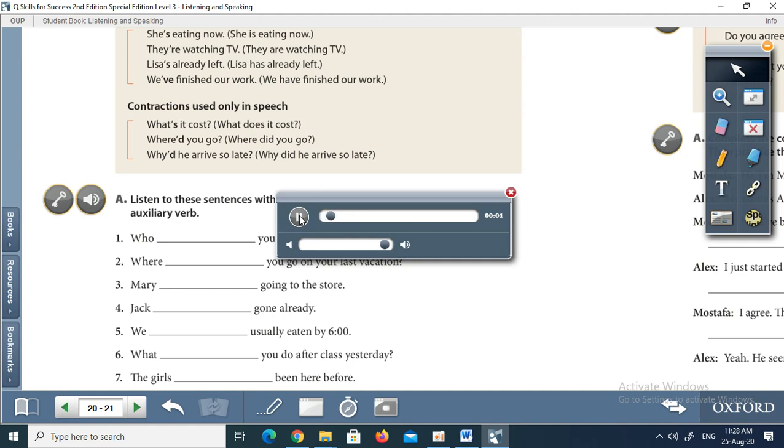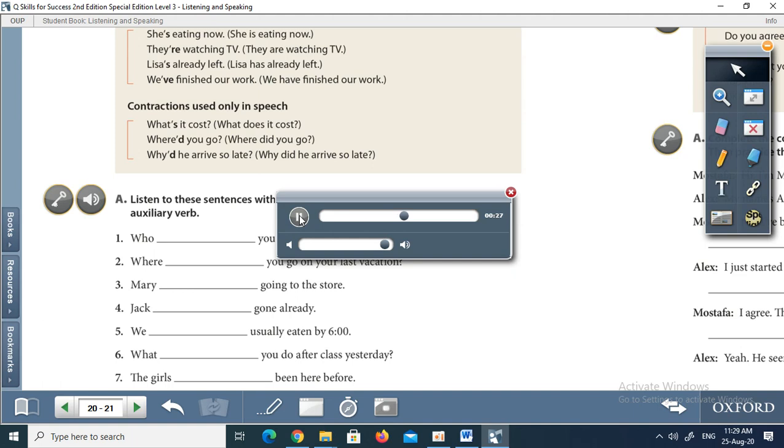Unit 1. Pronunciation. Activity A. 1. Who's your favorite author? 2. Where'd you go on your last vacation? 3. Mary's going to the store. 4.